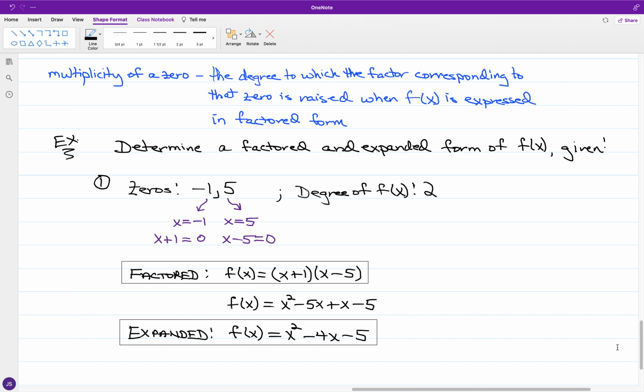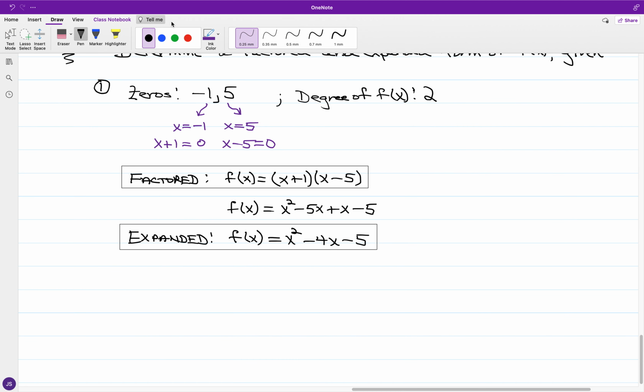All right. Now, where multiplicity might be mentioned or specified, say we have where there are zeros. Say we have just 0 with a multiplicity equal to 3.